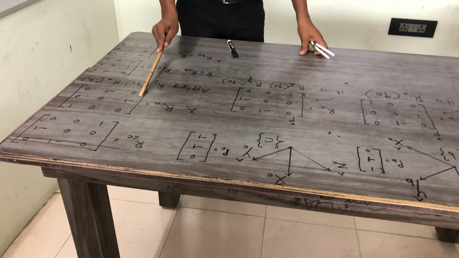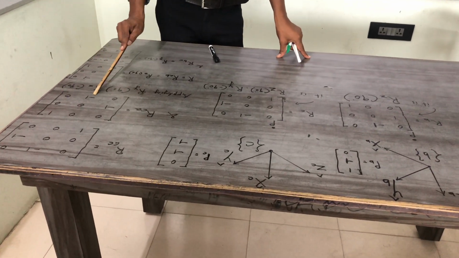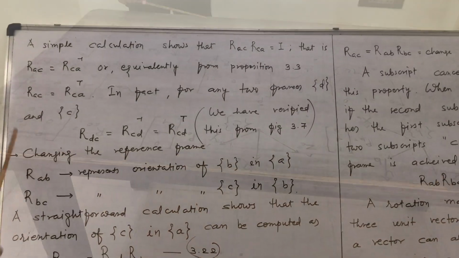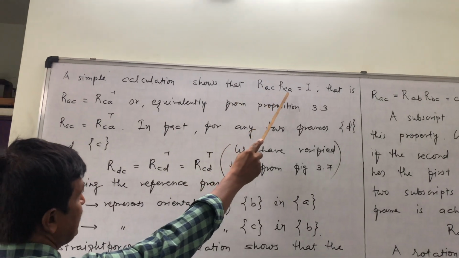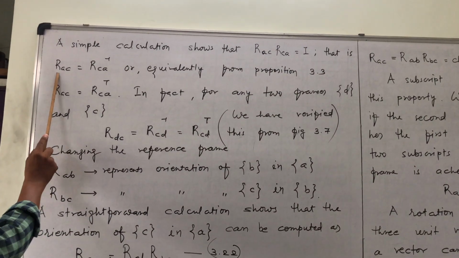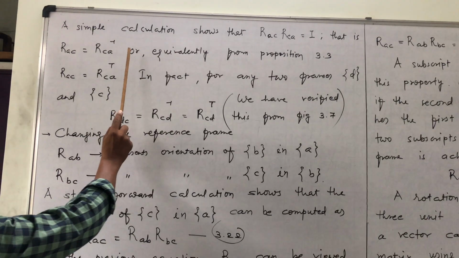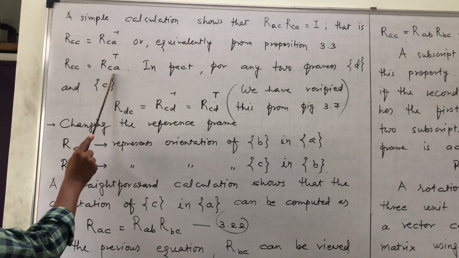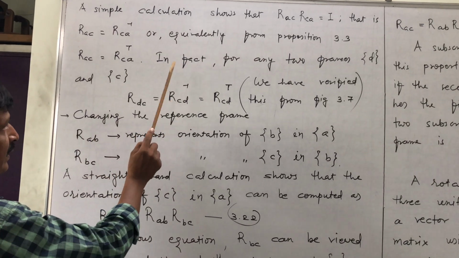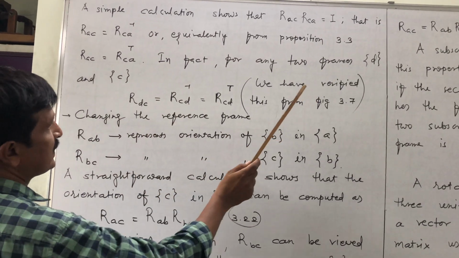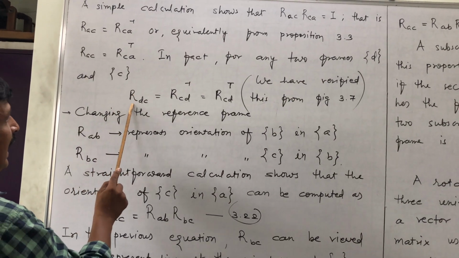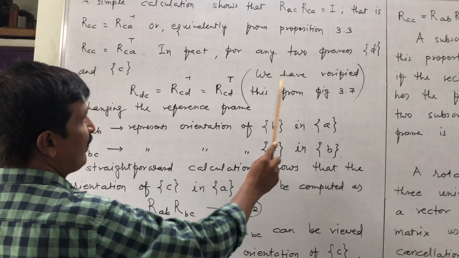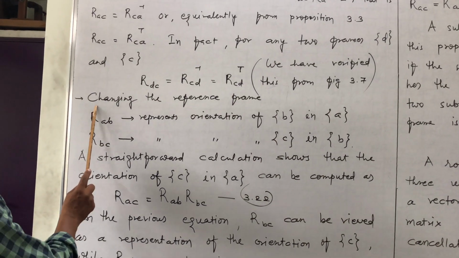This confirms that RAC and RCA are transposes of each other. A simple calculation shows that RAC into RCA equals I, that is, RAC equals RCA inverse. Or equivalently, from proposition 3.3, RAC equals the transpose of RCA. We have studied this already: for any two frames D and C, RDC equals RCD inverse equals RCD transpose. We have verified this from figure 3.7.